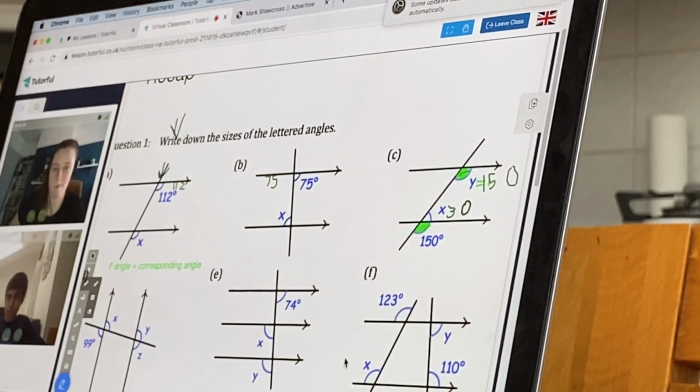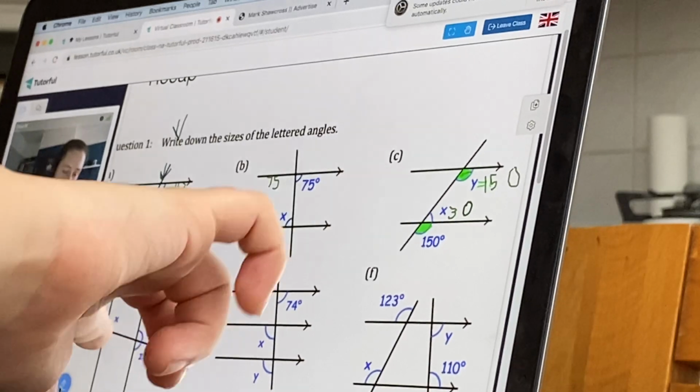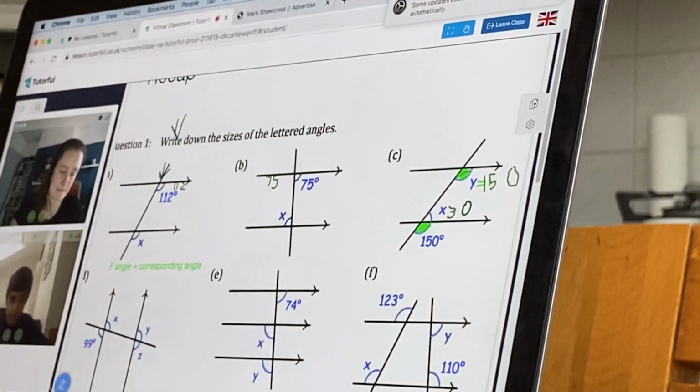Brilliant. Okay, D's a little bit trickier, but similar thing. This time we have to use another thing that we learned last week. Rule about angles. Can you remember what it is? So this part, this is going to be 99.